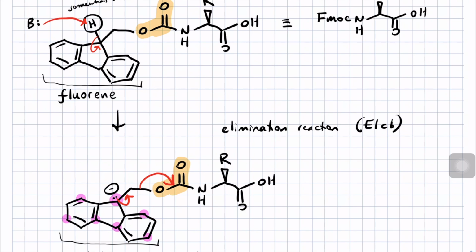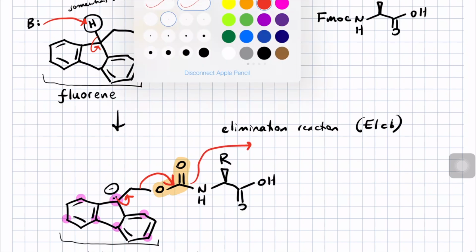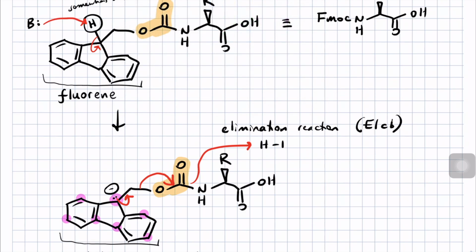That turns the OR group into CO2. These electrons have to leave. They could go straight on to the nitrogen, but as they're leaving, probably that nitrogen picks up a proton, probably from the conjugate acid of our base.